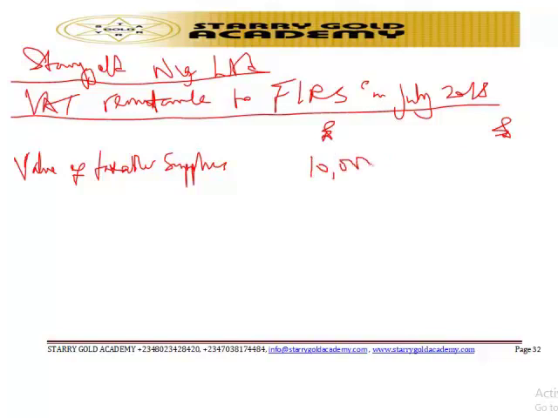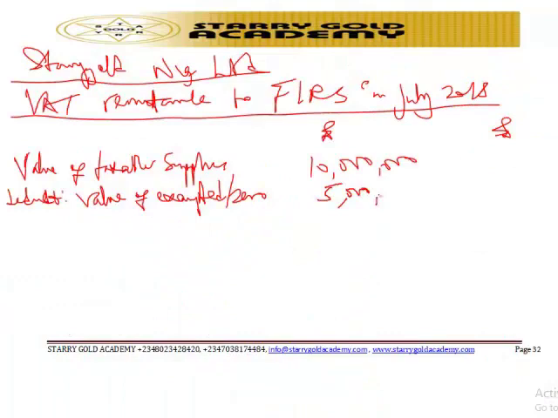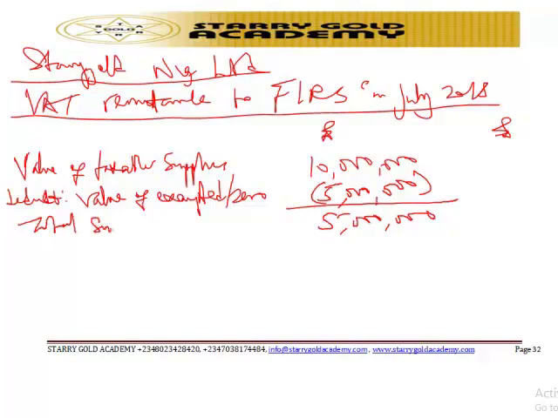We have to deduct the value of exempted or zero rated supplies, which is 5 million naira. So we have 5 million naira. These are total supplies subject to value added tax.